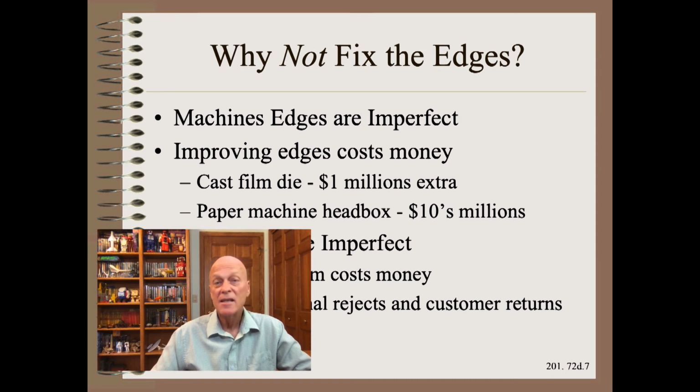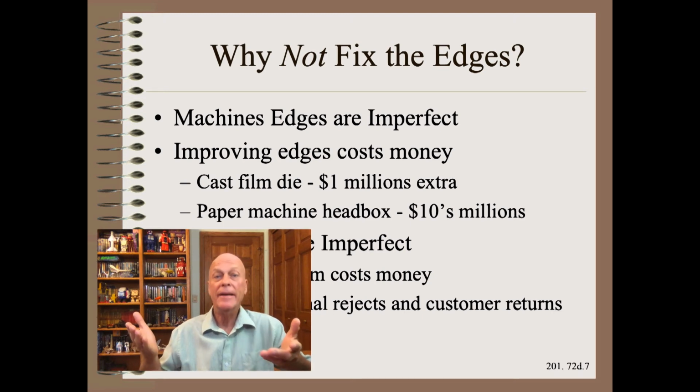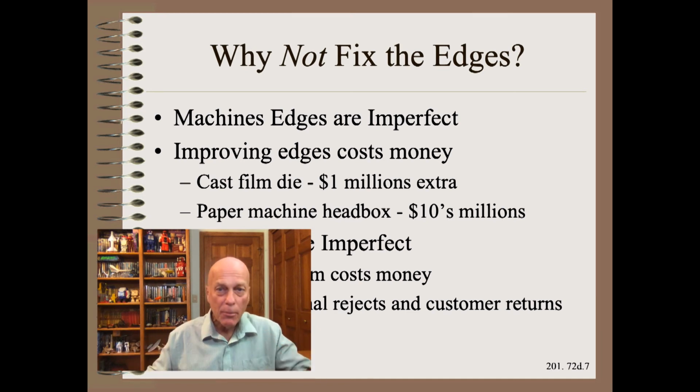As we discussed in several of the previous shows, the question many will ask is, why not fix the edges? Well, if that were easy, people would have already done that. However, machines are inherently imperfect, and merely improving, not necessarily even fixing, the edges costs money.